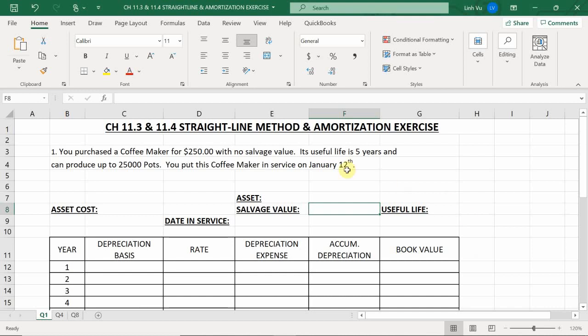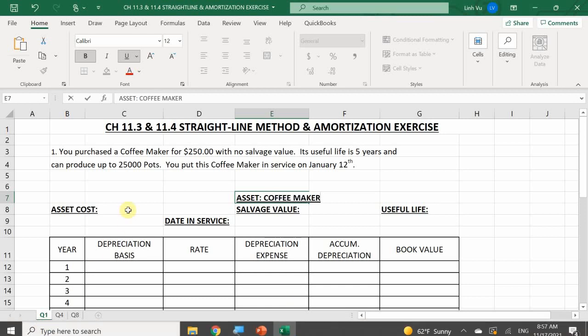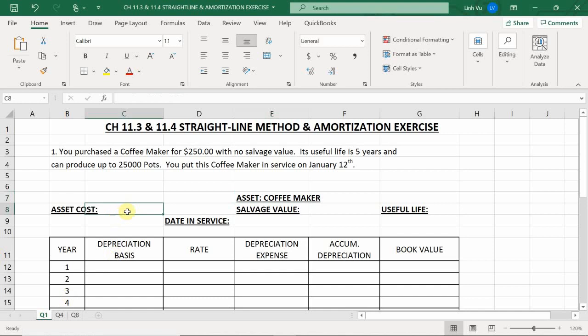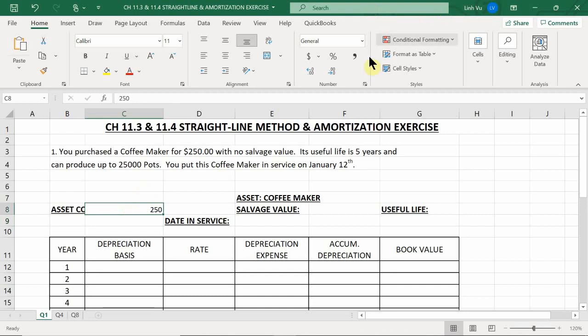So in this case, assuming that you are doing depreciation at the end of the year, December 31st, what did we buy? We bought a coffee maker. At what price, or what's my asset cost? 250. Good. What's my salvage value?